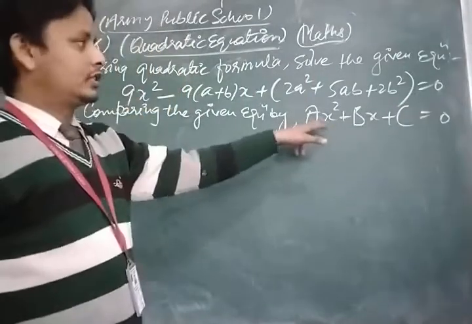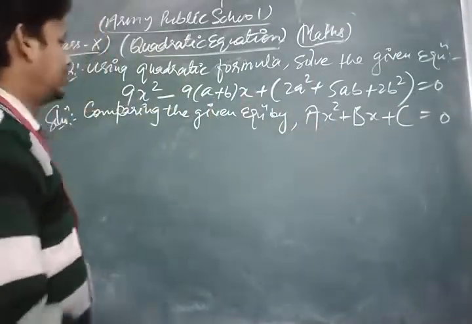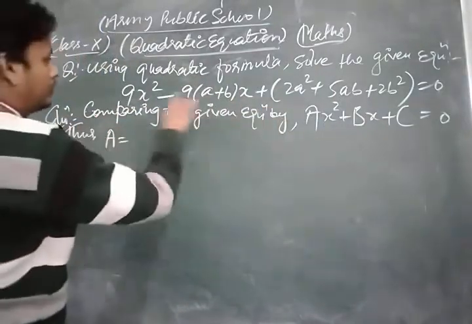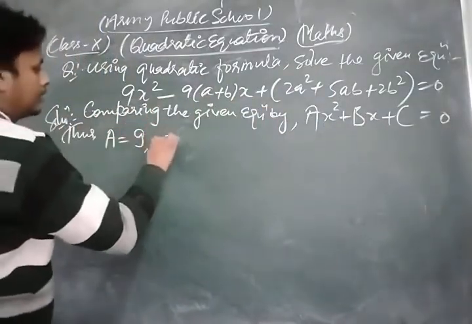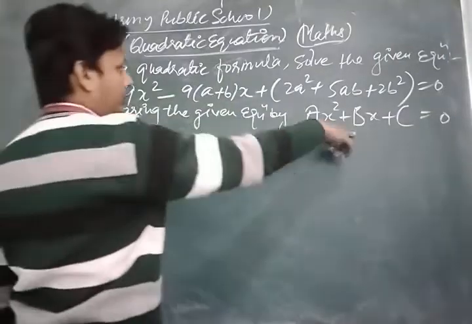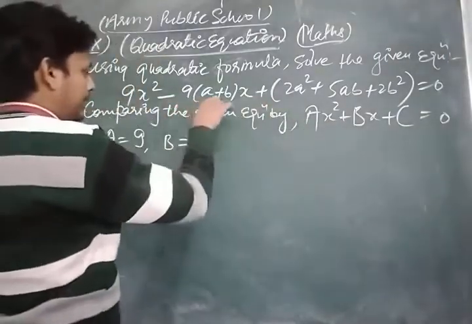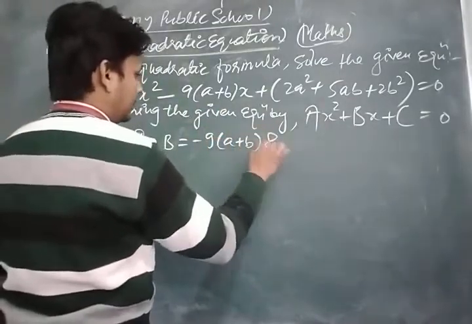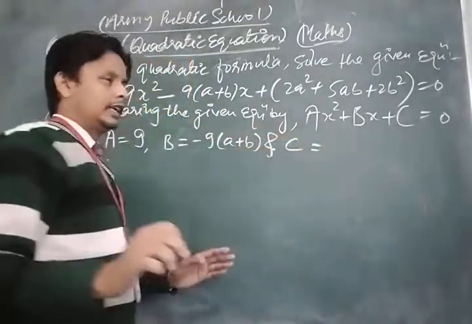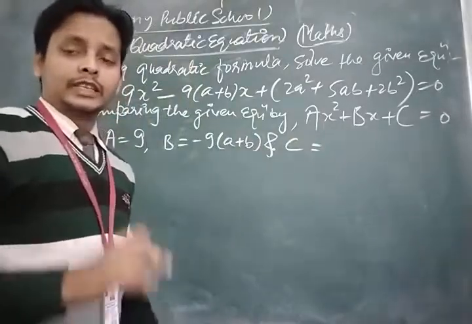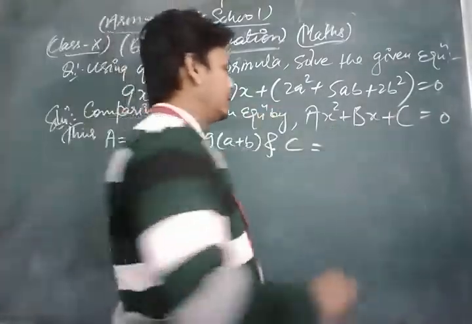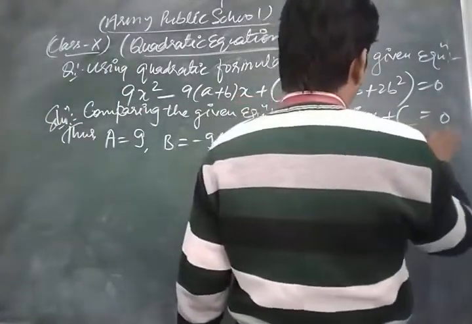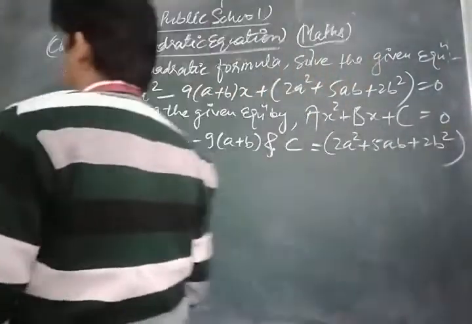So the coefficient of x square is a, so the value of a is 9, the value of b, the coefficient of x, is minus 9(a plus b), and the value of c, the term independent of x, that is the constant term, is 2a square plus 5ab plus 2b square.